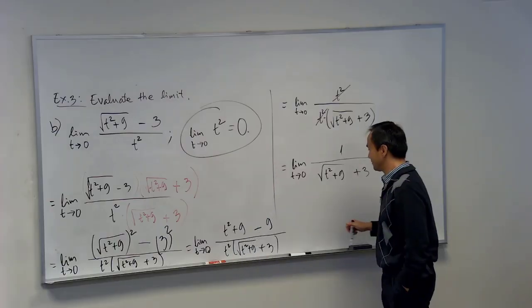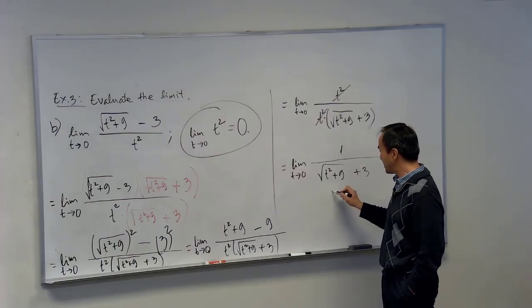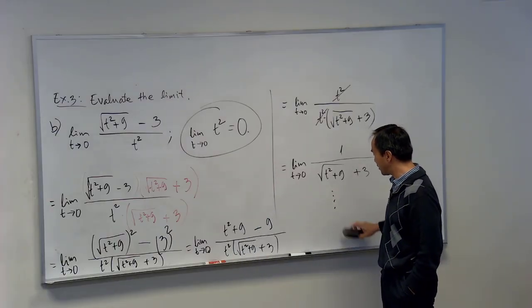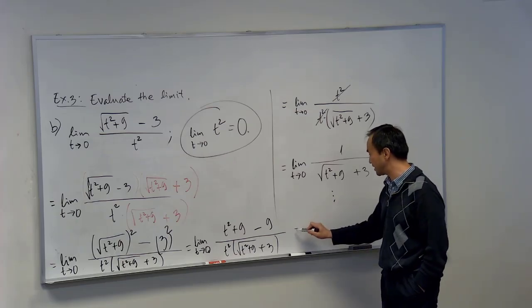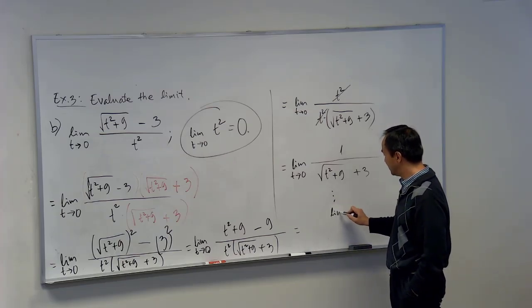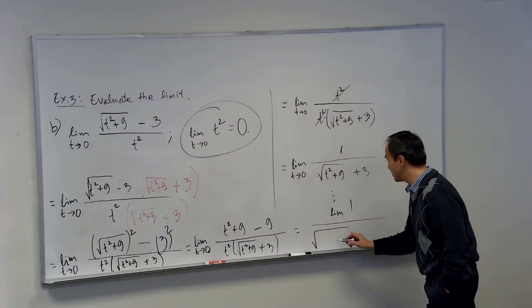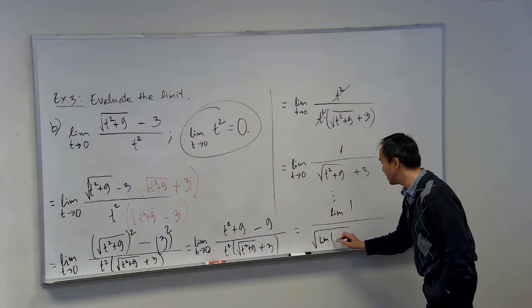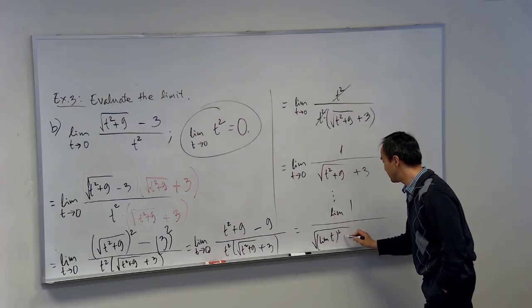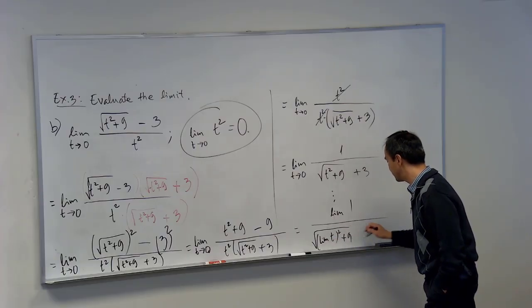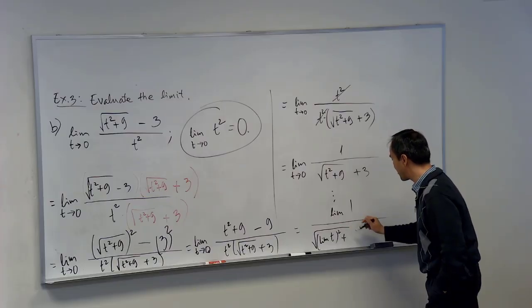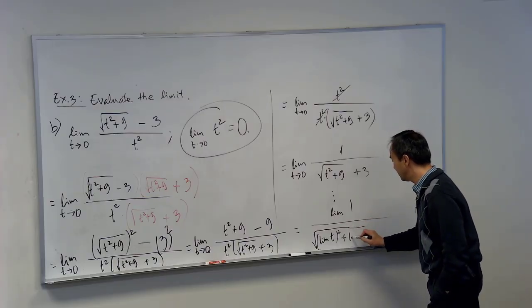I'm short of space here, so there's a whole bunch of basic limit law steps. But at some point you're going to reach something like this: the limit of 1, all over the square root of the limit of t, all squared, plus the limit of 9, plus the limit of 3, with t going to 0 in each.